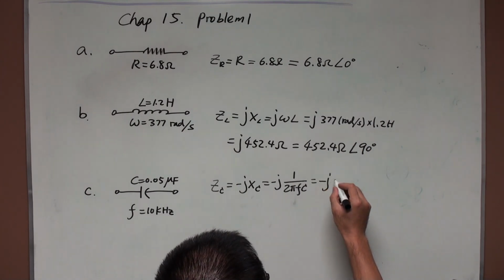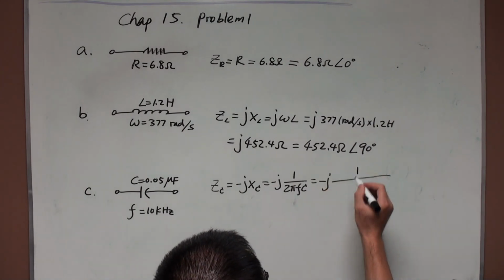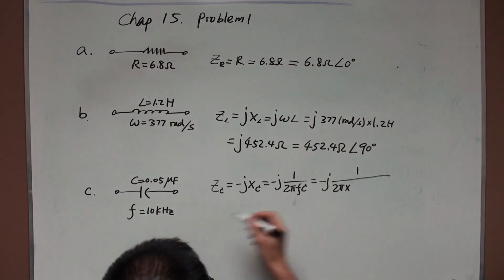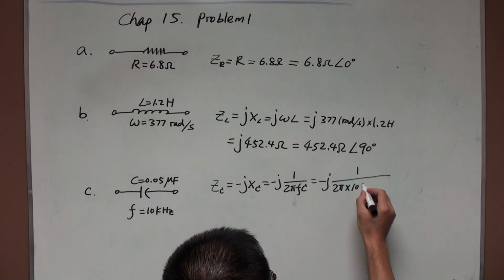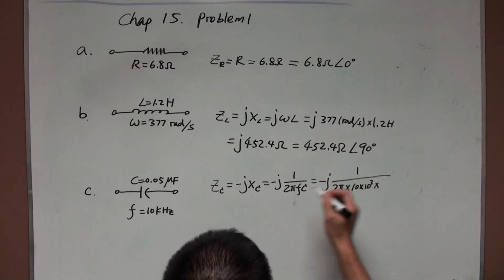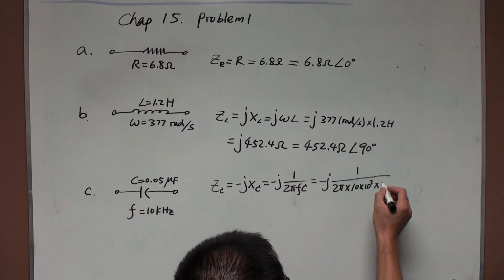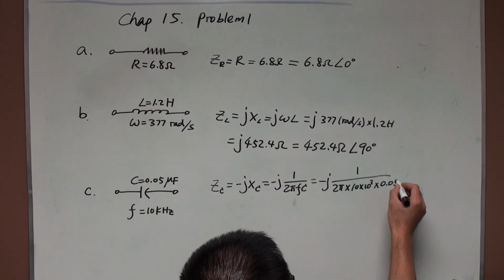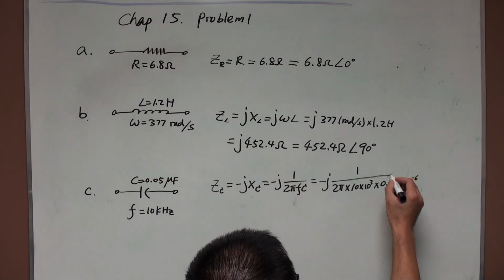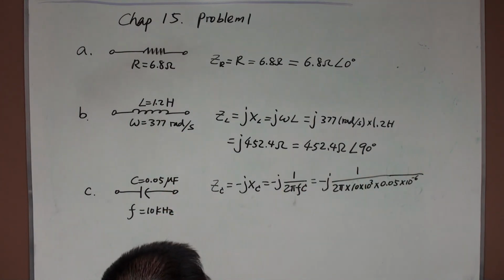So we have negative j times 1 over 2 pi times f, which is 10k, so 10 times 10 to the power of 3, times C, which is 0.05 times 10 to the power of negative 6, because it's micro. Micro is negative 6.